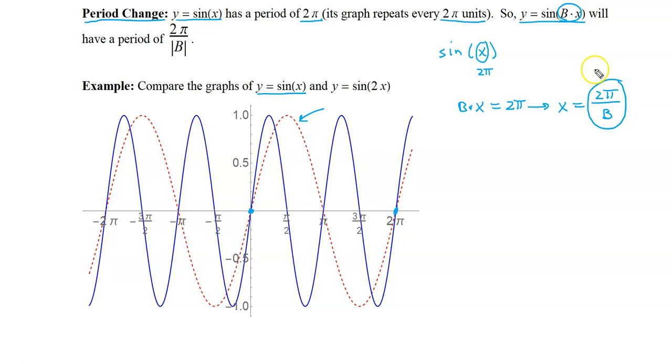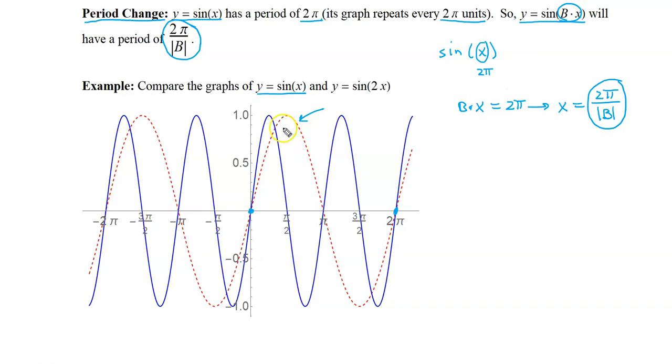And just in case the b is negative, technically we would take the absolute value here, and that's actually our definition for a period change. So it's going to be 2 pi divided by the absolute value of b, where b is the constant that is being multiplied against the x here.